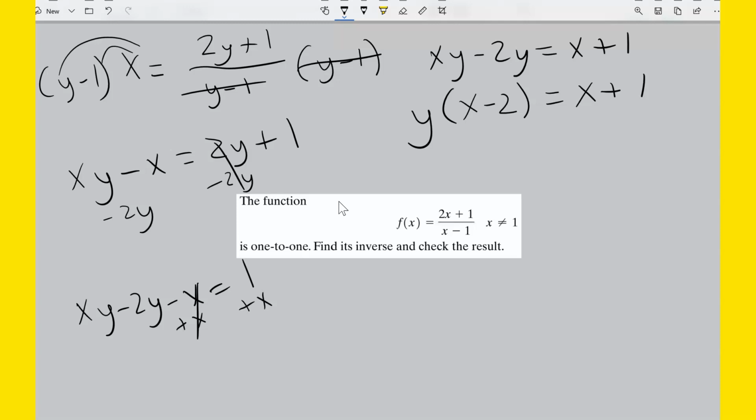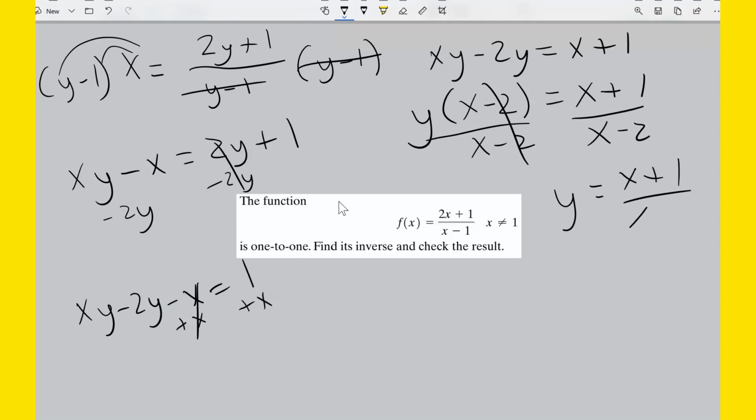Maybe you can predict the next step to get y by itself would be to divide by x minus 2. So that's it. y equals (x plus 1) over (x minus 2), or we would probably see it written as f inverse of x equals (x plus 1) over (x minus 2).